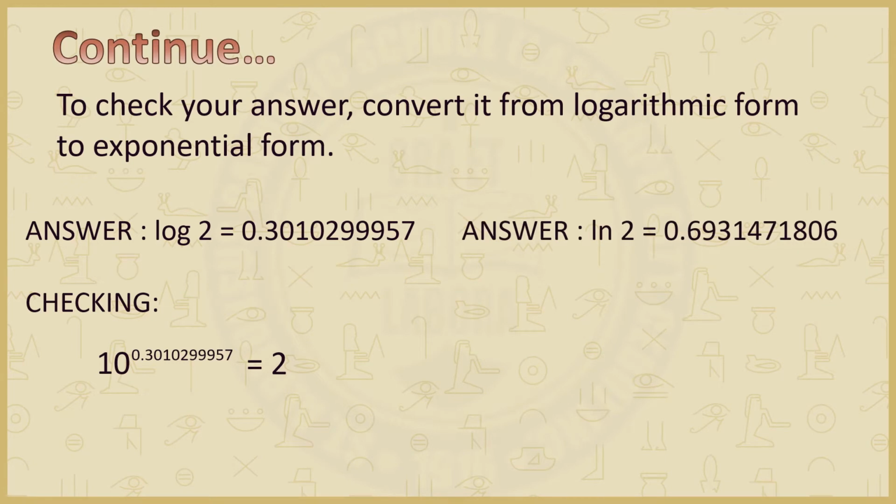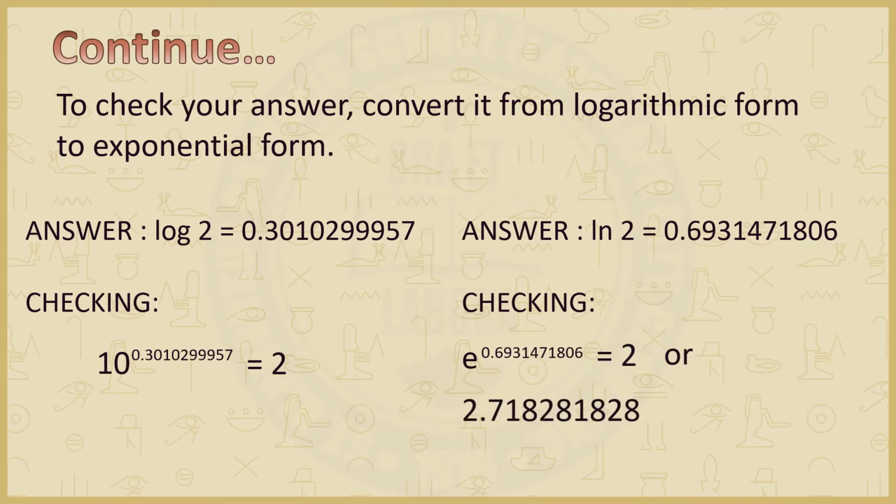And for the natural logarithm of 2, our base is considered as e, raised to 0.693147186, it is equal to 2. Or the value of e, which is 2.718281828, raised to 0.693147186 is equal to 2.